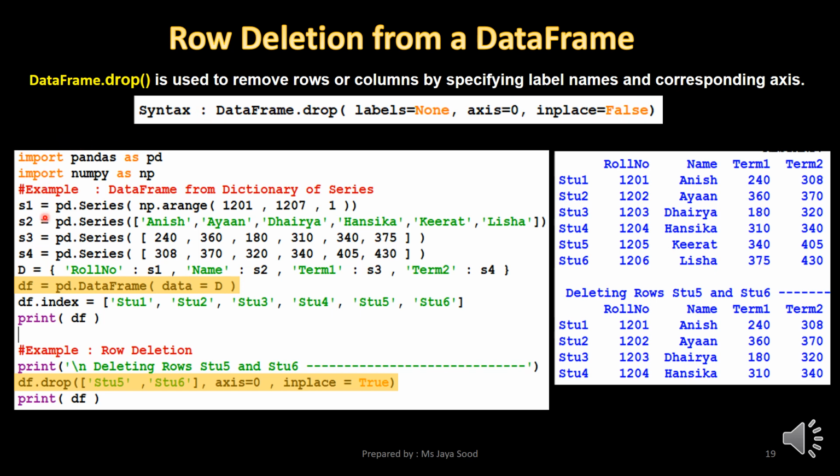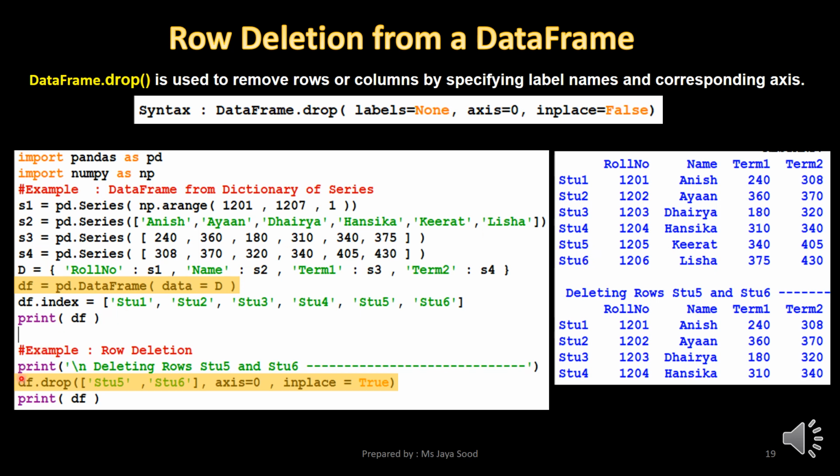Continuing with our previous example of a data frame created from a dictionary of series with 4 columns roll number, name, term1 and term2, and the row indexes set to stu1, stu2, stu3 and so on as shown here in the output. Now let us remove the rows labeled stu5 and stu6 from this data frame.